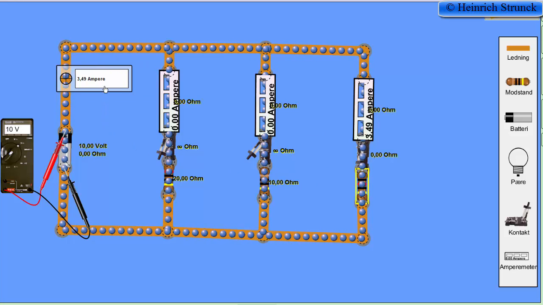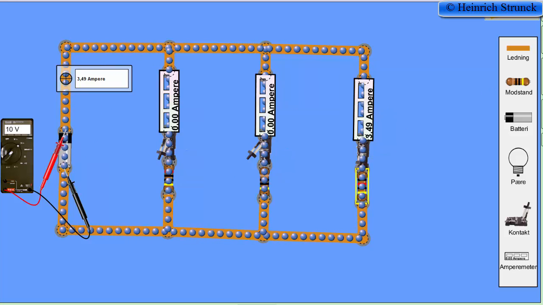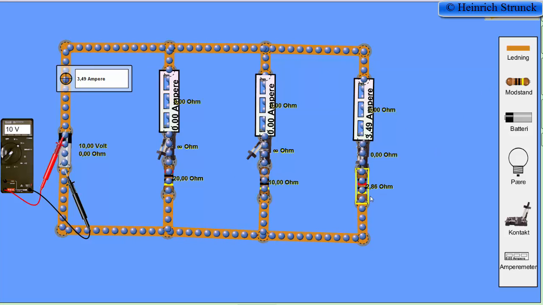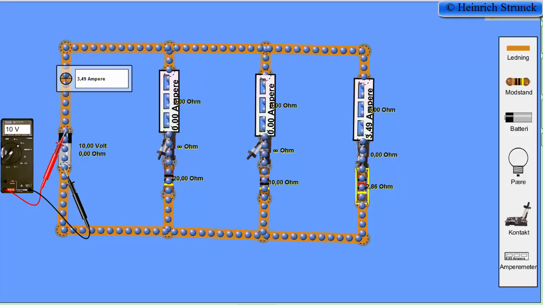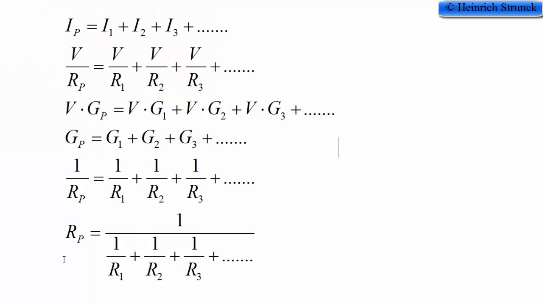We can see that it is 3.49 amp, but it is because that the value for the resistance is not exactly 2.857 ohm, but 2.86 ohm. So the formula for parallel circuit and an equivalent of the total parallel resistance seems to be correct.